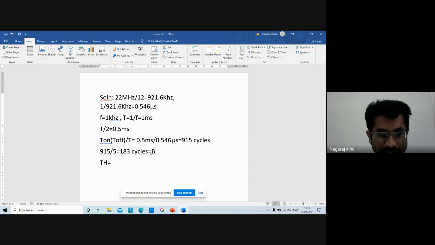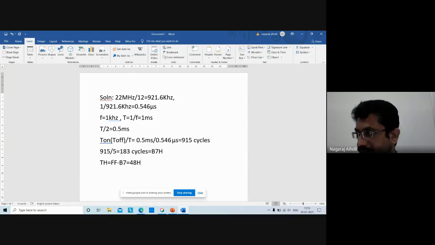If you convert 183, it will be B7 hex. So TH will be equal to FF minus B7, which comes out to 48 hex.